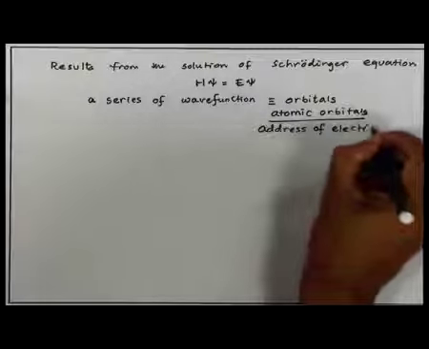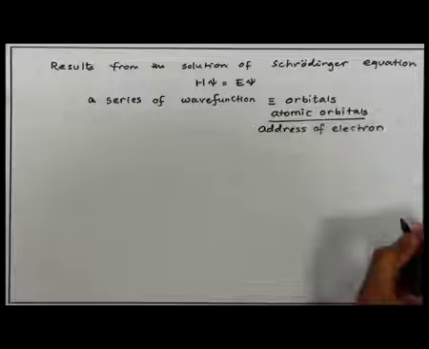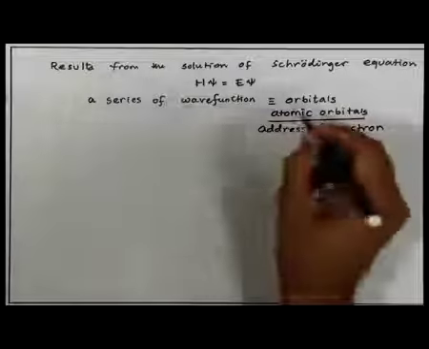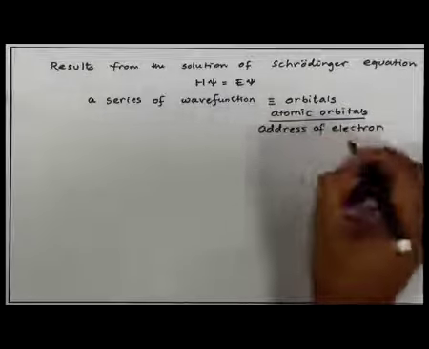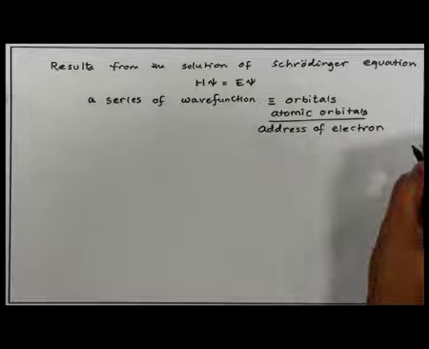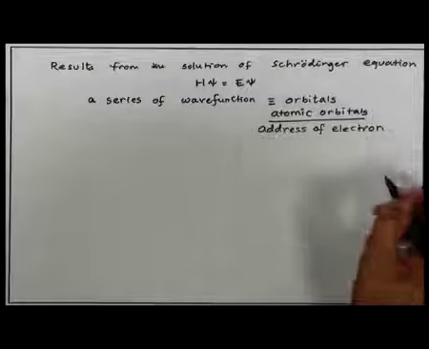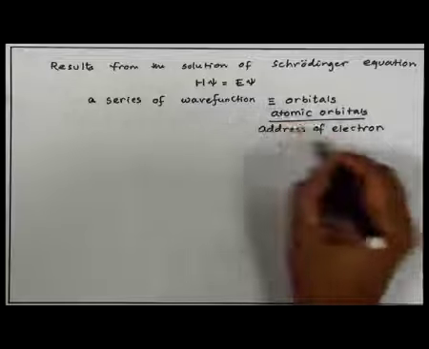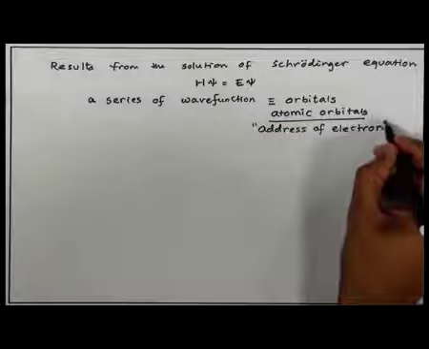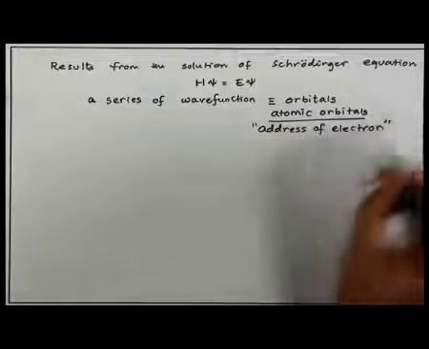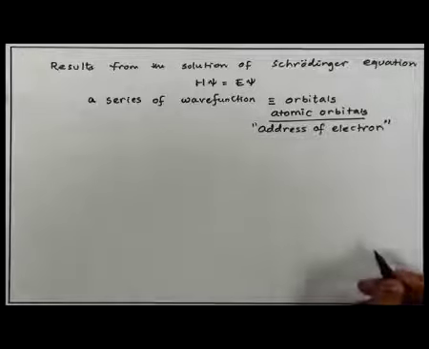According to Max Born's hypothesis, the square of the wave function, psi square, represents the probability density of finding the electron at any point. Therefore, the wave function contains the information, the address of the electron, where to find the electron.